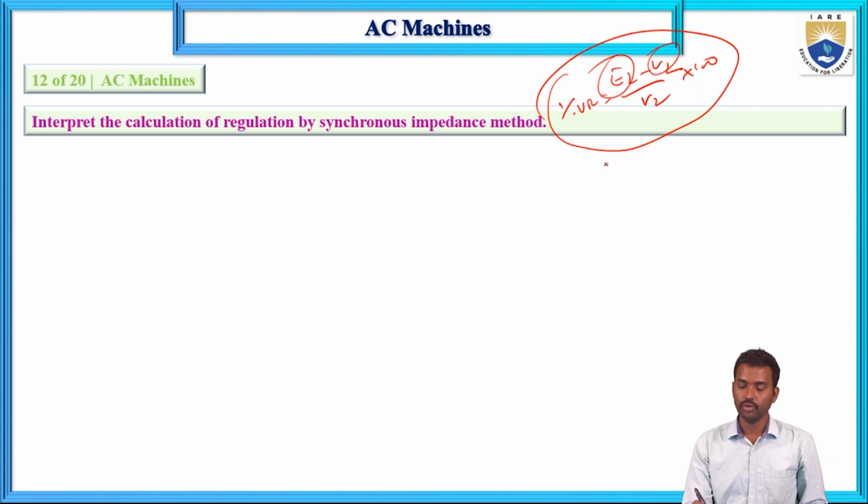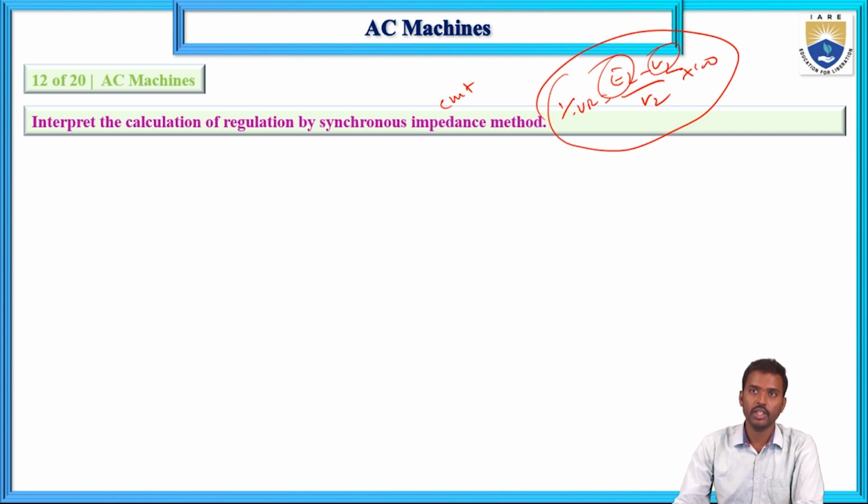If you substitute in this, you will get the regulation. Percentage voltage regulation can be calculated with the help of the synchronous impedance method, that is the EMF method, another method is the ampere turn method, that is the MMF method, magnetomotive force method, and another method is the Potier method. So there are three methods in total.